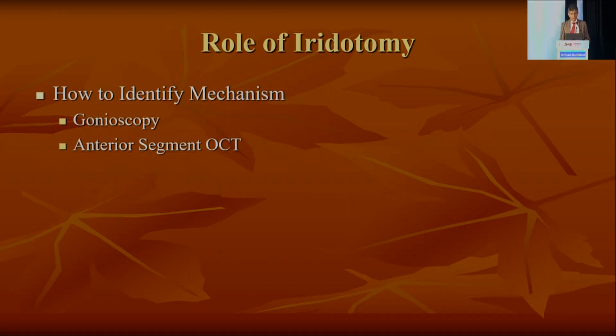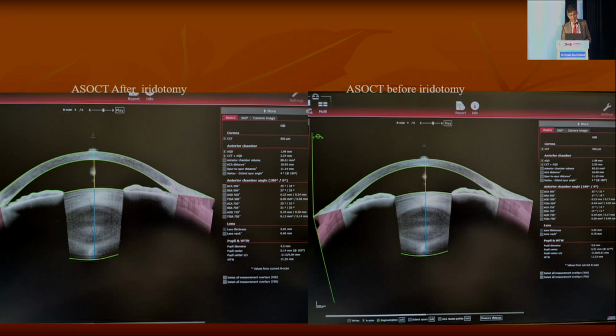But how do you really identify whether the iridotomy is going to be helpful or not? Besides looking on gonioscopy, anterior segment OCT has been helpful. As you can see in this patient, the one on the right side is before the iridotomy. I'm sorry because I could not incorporate the images so well, but here the anterior chamber depth is one of the parameters shown, along with anterior chamber volume and the lens.